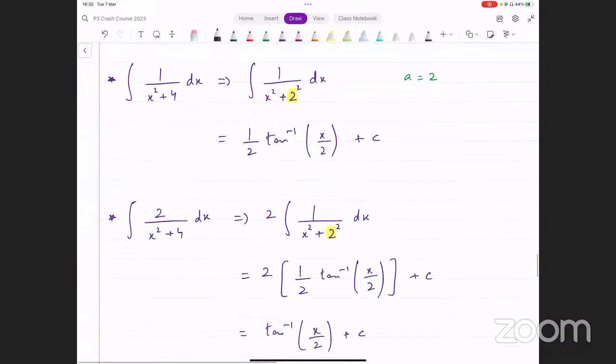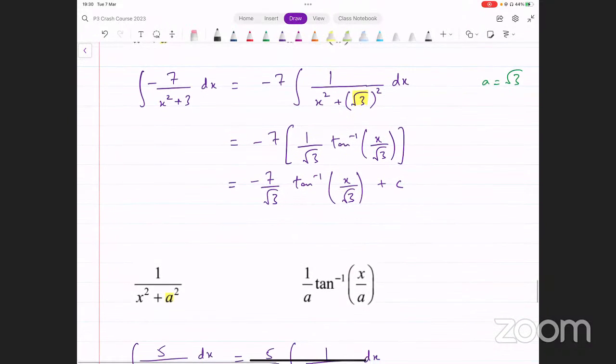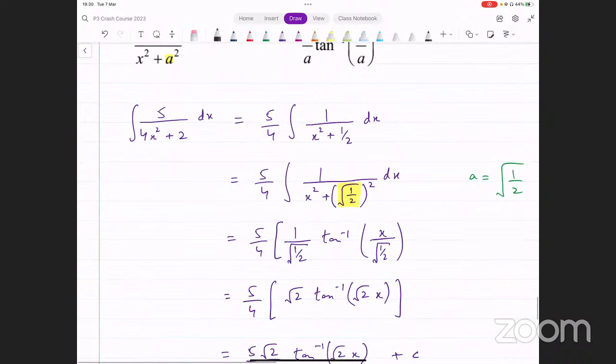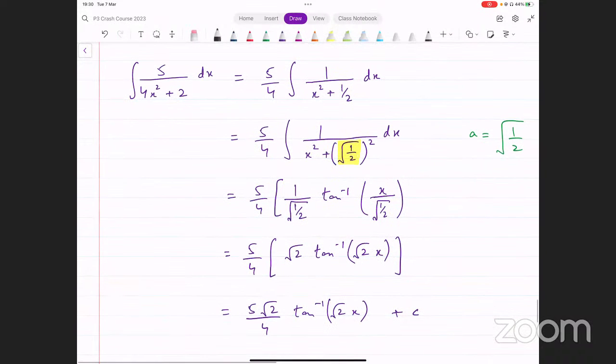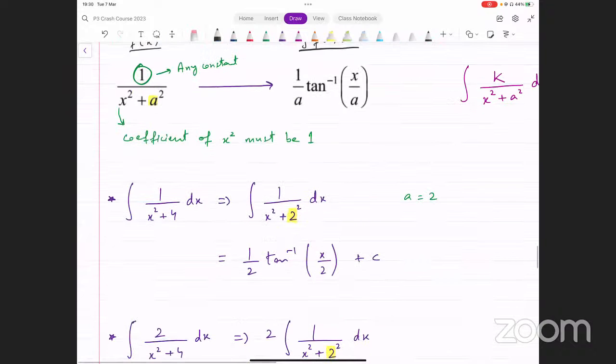Okay, so what we've done until now for tan inverse, if you understand this, you can integrate all functions that have to be integrated using tan inverse, keeping in mind that the coefficient of x squared should be 1 here.